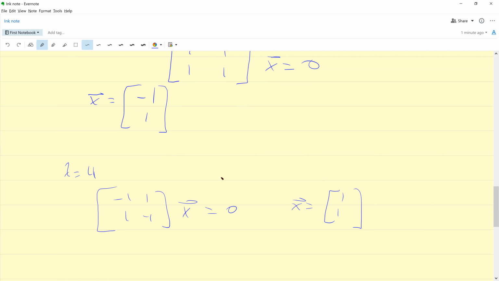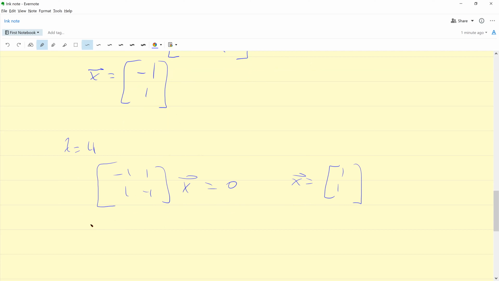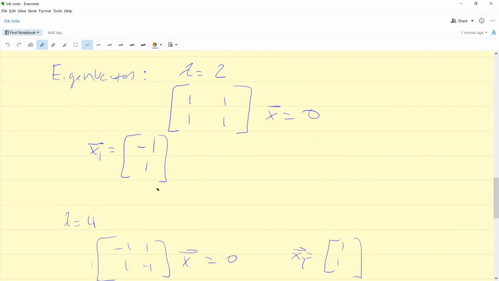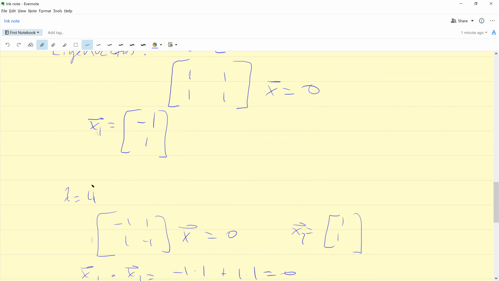Yes, when you multiply, that'd be 0. You can verify this with direct computation and check that this is -1 times 1 plus 1 times 1 is 0. But also because they come from two different eigenspaces, we know that they're orthogonal, right? By the spectral theorem.